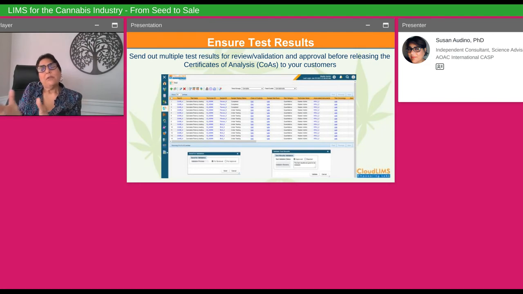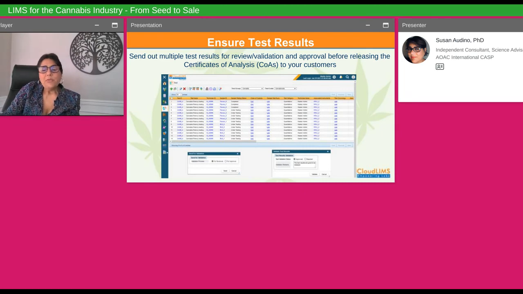So Cloud LIMS is bringing in all of the workflows into this one area that the qualified person, maybe it's your CSO, maybe it's your lab director, doesn't really matter who that person is, as long as he or she is qualified, can now look at all of the individual inputs and give that final approval to push out that data onto that COA that is headed for the customer.